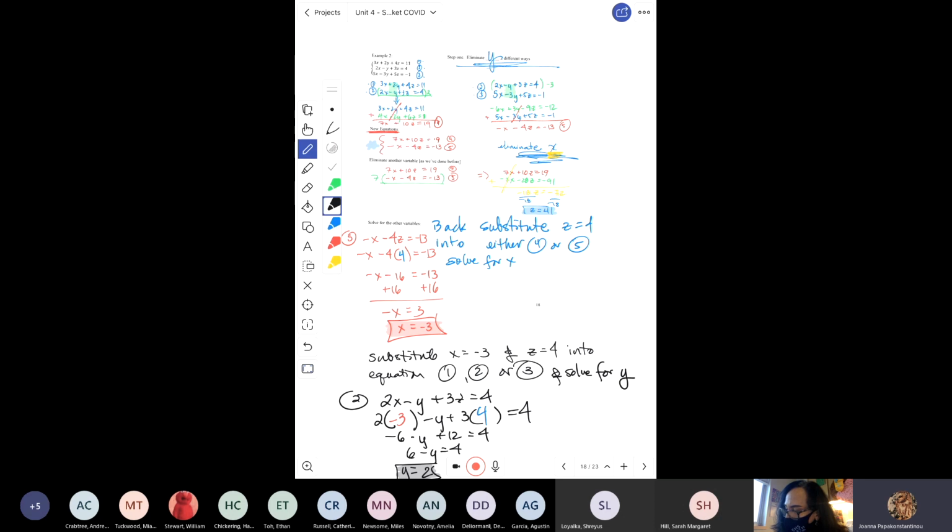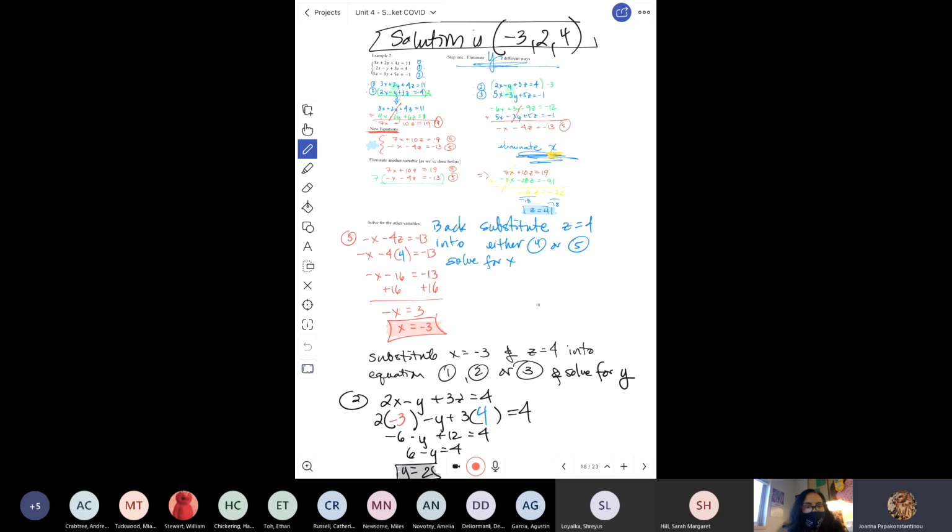So I would say the solution is the ordered triple: x value, negative 3, y value, 2, z value, 4. And I could check it by substituting that into the equations, correct?